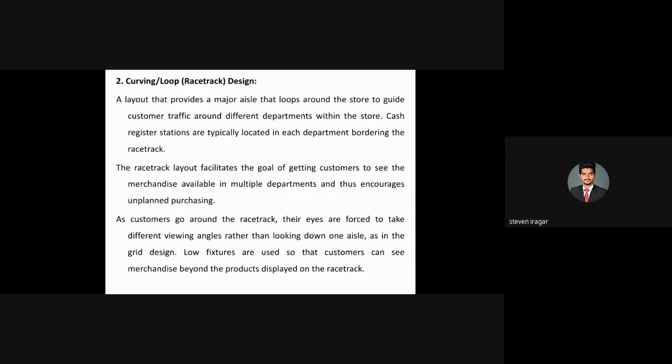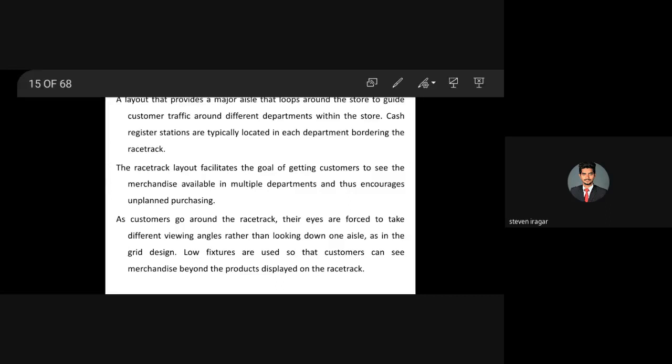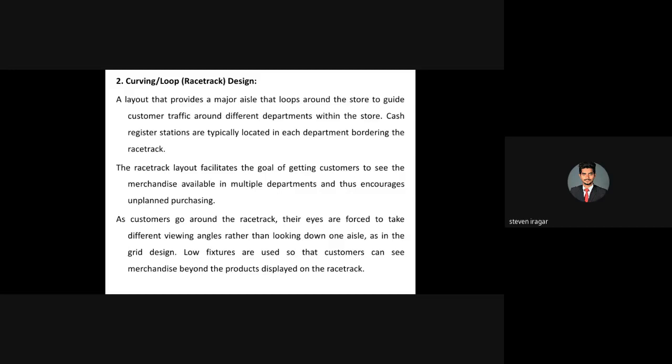Okay, and that will be helping, as I told you, some customers to have an impulse buying attitude, where those people visit the department, they get provoked with certain types of offers or the products which are available there. Because of that, those people wish to buy it immediately. Okay, so impulse buying can be generated by this type of layout.